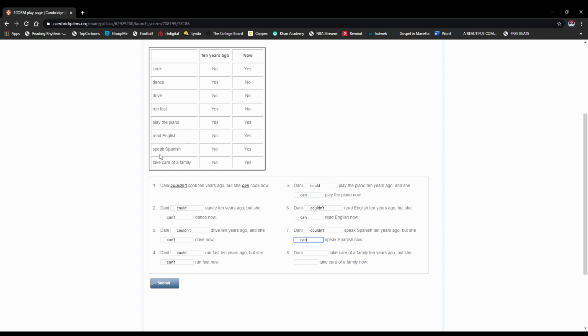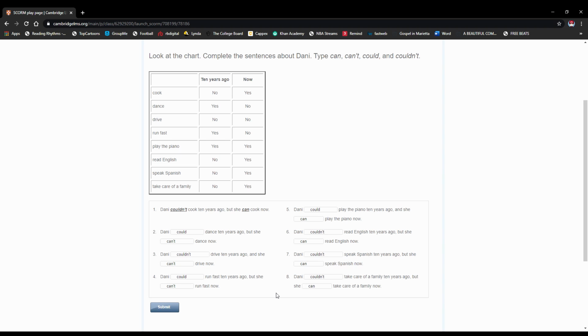And the last one, take care of a family. Danny, 10 years ago, what? Danny couldn't take care of a family 10 years ago, but she can take care of a family now. Okay, good.